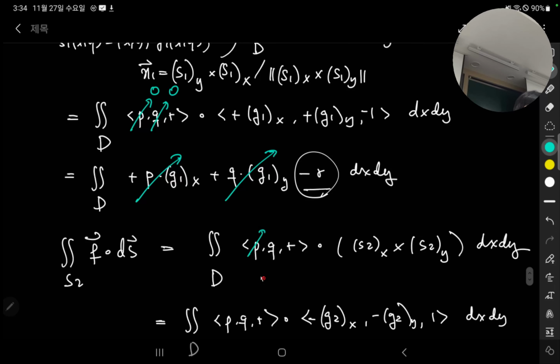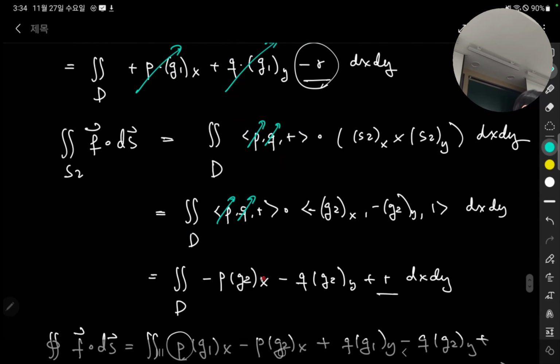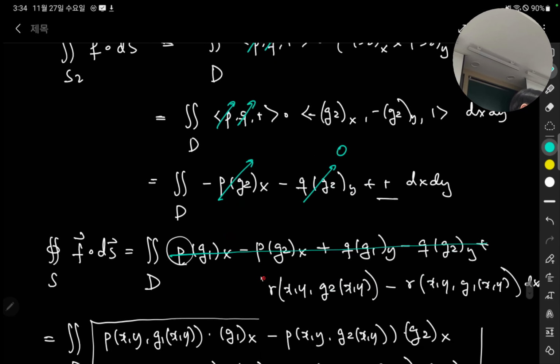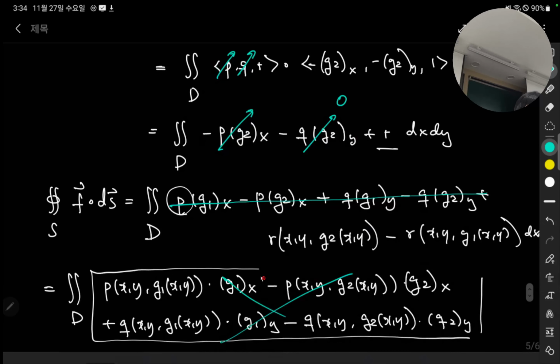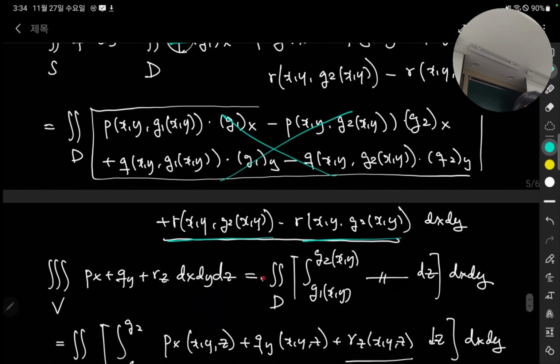Same thing here, it's all 0. So everything vanishes. This whole thing disappears, by our assumption that PQ is 0. There's only these ones.